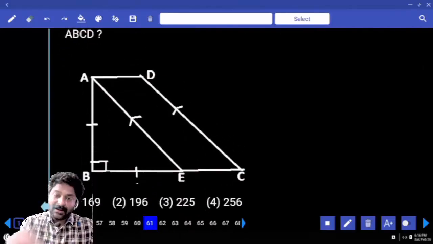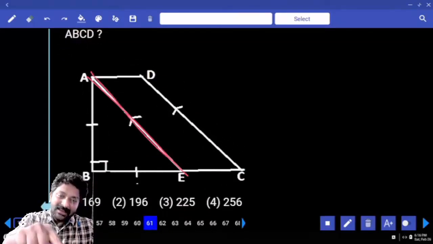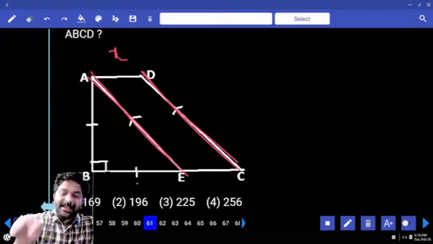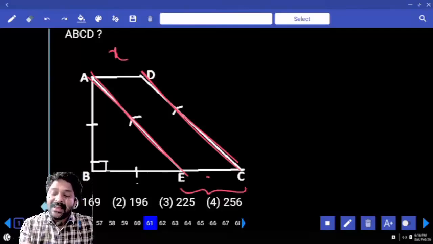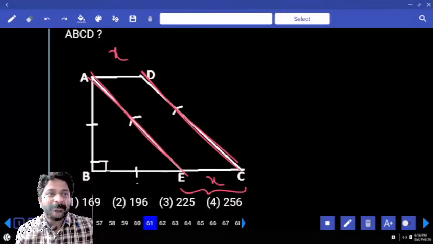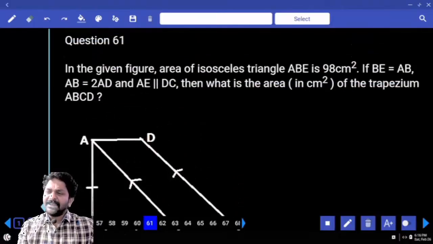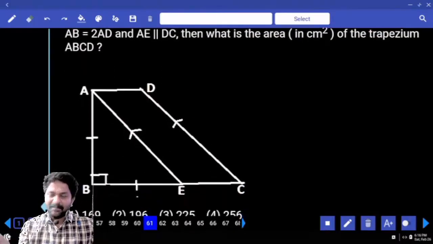AE is parallel to DE. If AE is parallel to DE, if AD is equal to X, CE also must be equal to X. Agreed or not? Then what is the area of the trapezium ABCD?